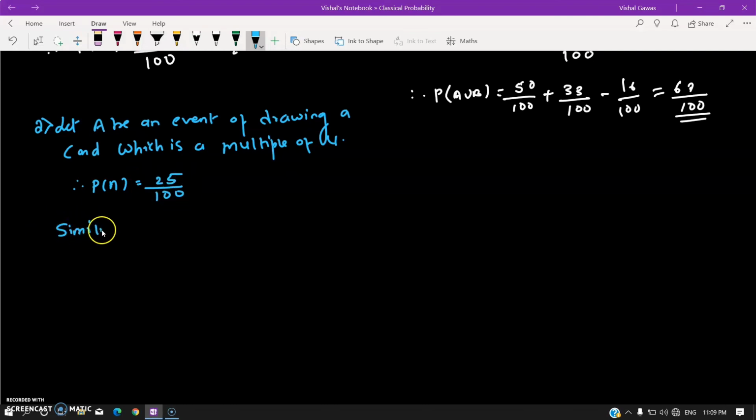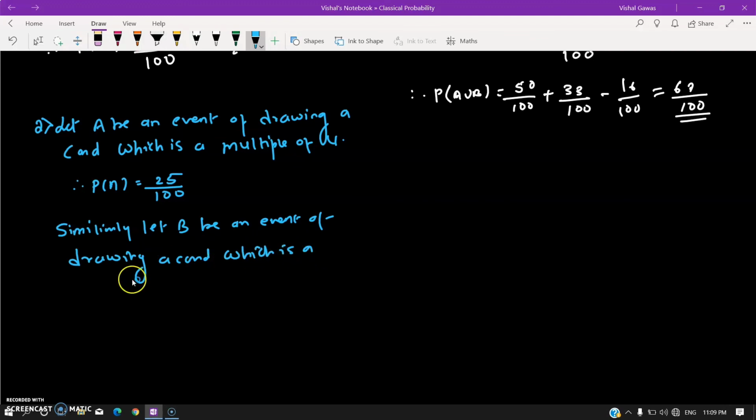Similarly, let B be the event of drawing a card which is a multiple of 5.